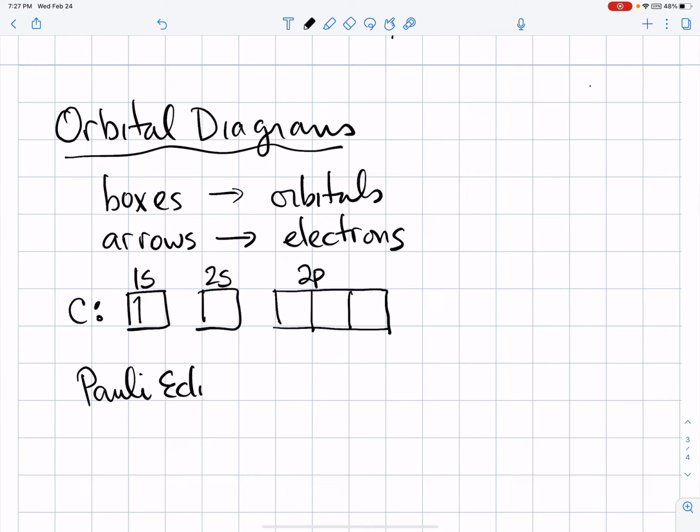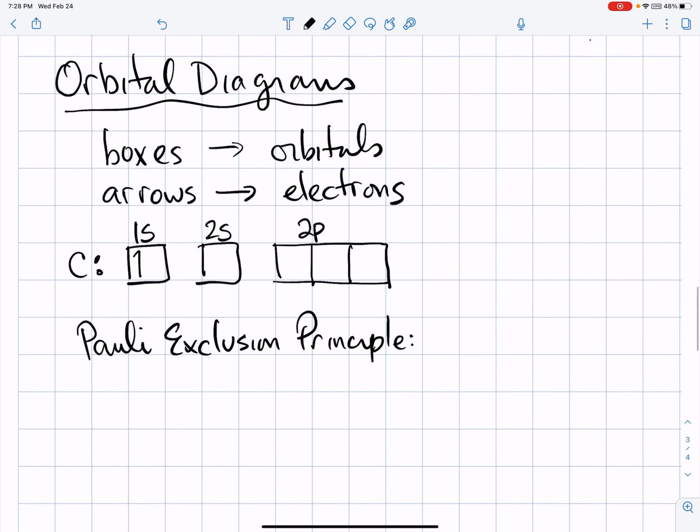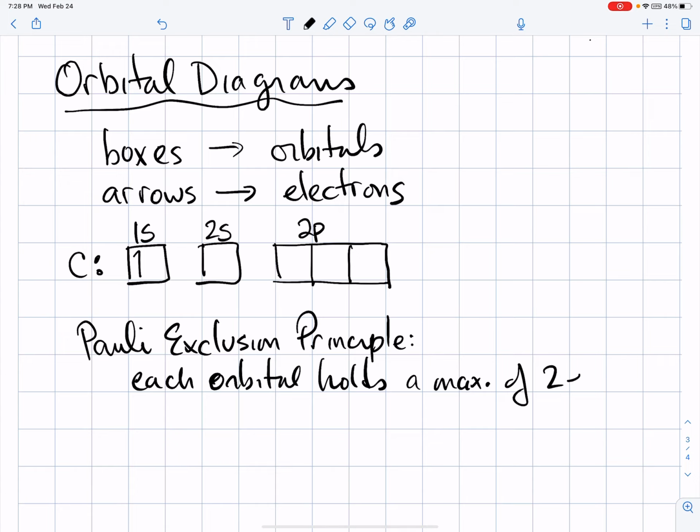Pauli's exclusion principle. It actually had 2 parts, right? We said earlier that it tells us each orbital holds a maximum of 2 electrons.